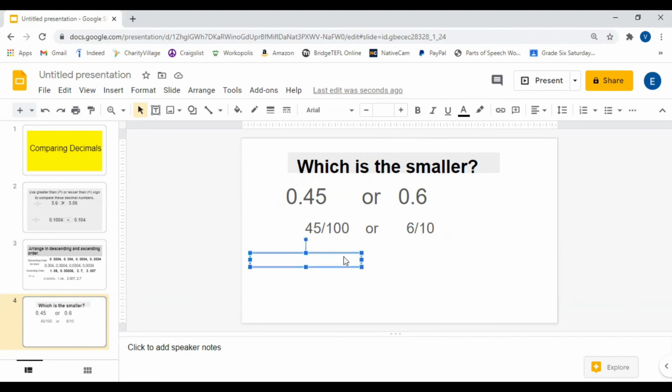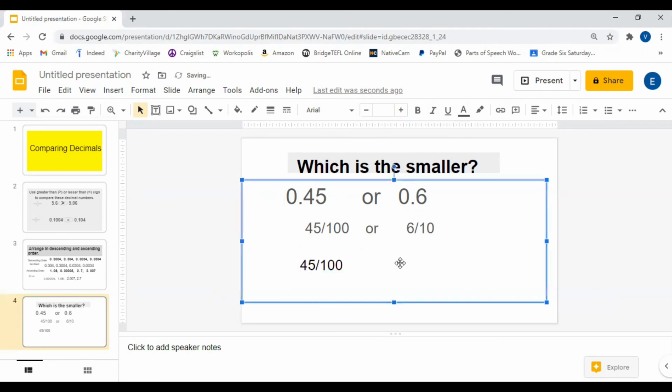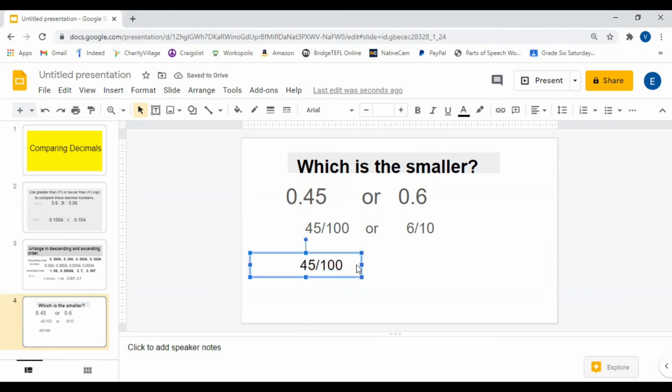What you're going to do, guys, is to bring them to the same name, or the same denominators, right? So 45 hundredths, and I'm going to bring 6/10 to hundredths.